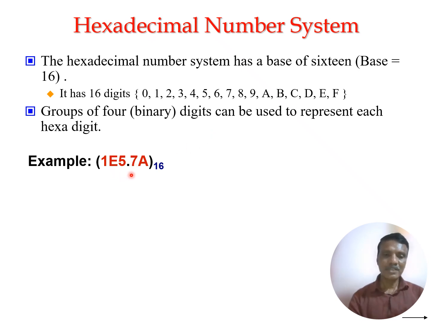For example, 1E5: these are all hexadecimal numbers. A hexadecimal number contains values from 0 to 9, so any number from 0, 1, 2, 3, 4, 5, 6, 7, 8, 9, and apart from that, A, B, C, D, E, F. These alphabets are also included in the hexadecimal number system.